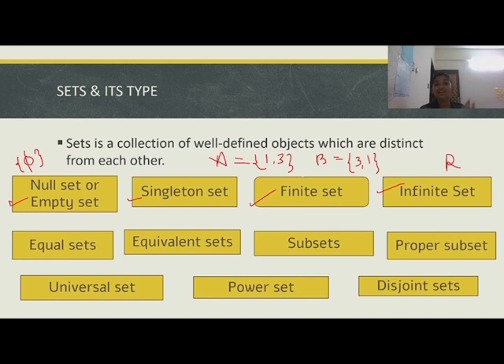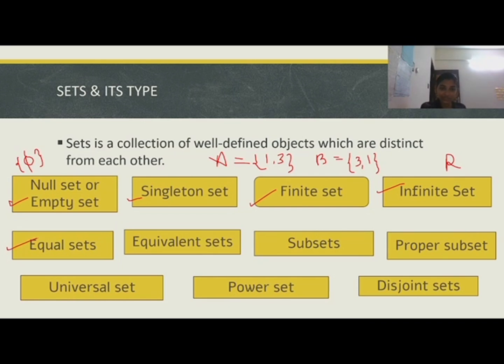Yes, they are, because A contains 1 and 3 and similarly B also contains 1 and 3. Order does not matter. You will say, ma'am, but in B it is written 3, 1 and in A it is 1, 3. No students, the order does not matter. What matters is that you have the same elements, 1 and 3. So hence these are equal sets.